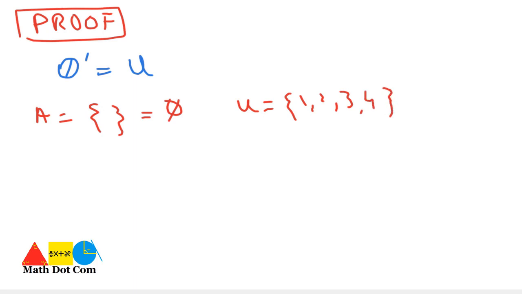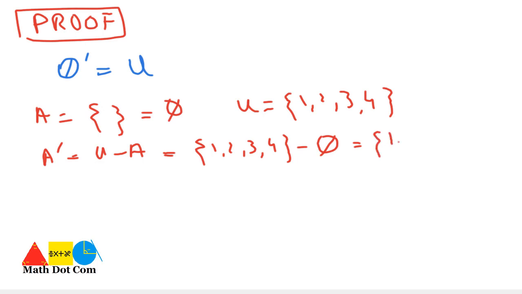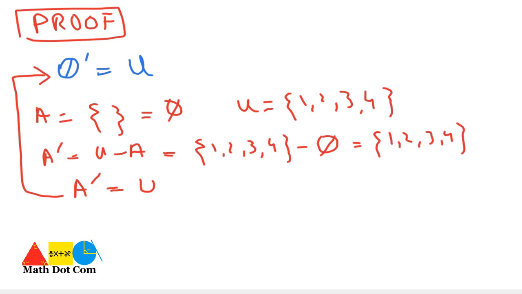A complement is equal to U minus A, which is 1, 2, 3, 4 minus A. As there is no element in A, we get 1, 2, 3, 4. It means A complement comes out equal to U. This is the same thing we said here: whenever we take the complement of an empty set, the output is the universal set. Hence proved.